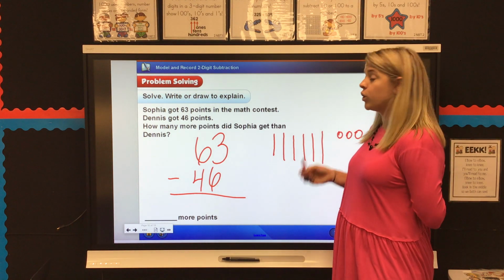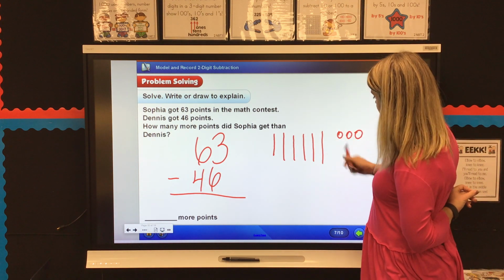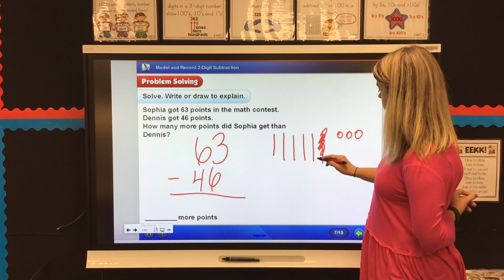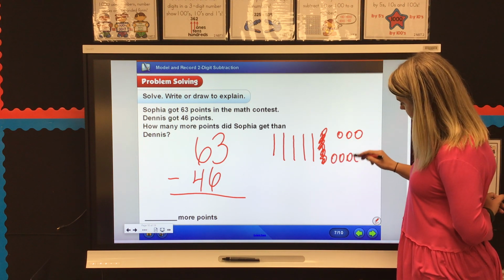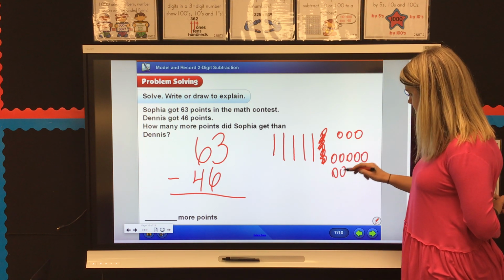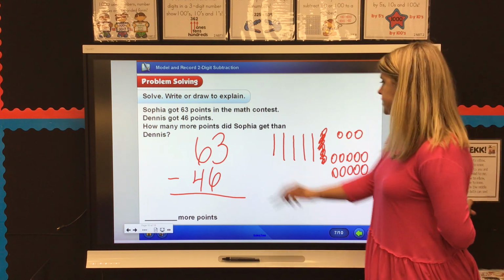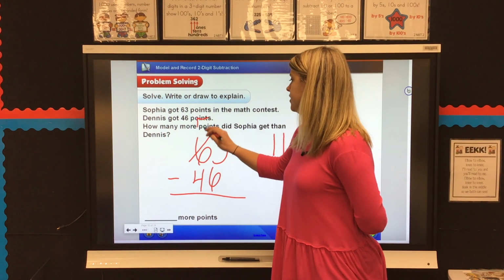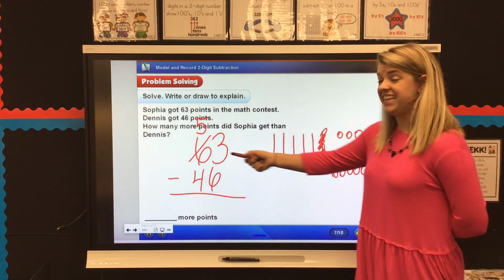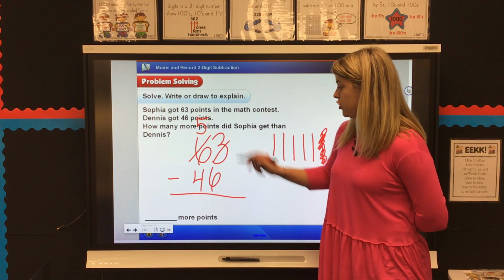Yes. So we're going to go next door to our 10s and we are going to borrow a 10 rod and turn it into 10 ones. All right, so I borrowed a 10 rod. I don't have 6 anymore. Now I have 5. I don't have 3 ones anymore.